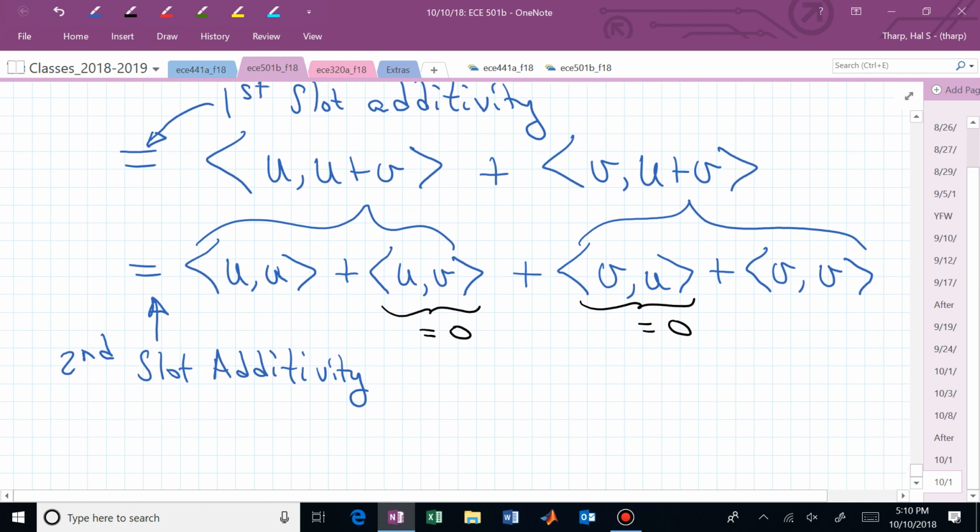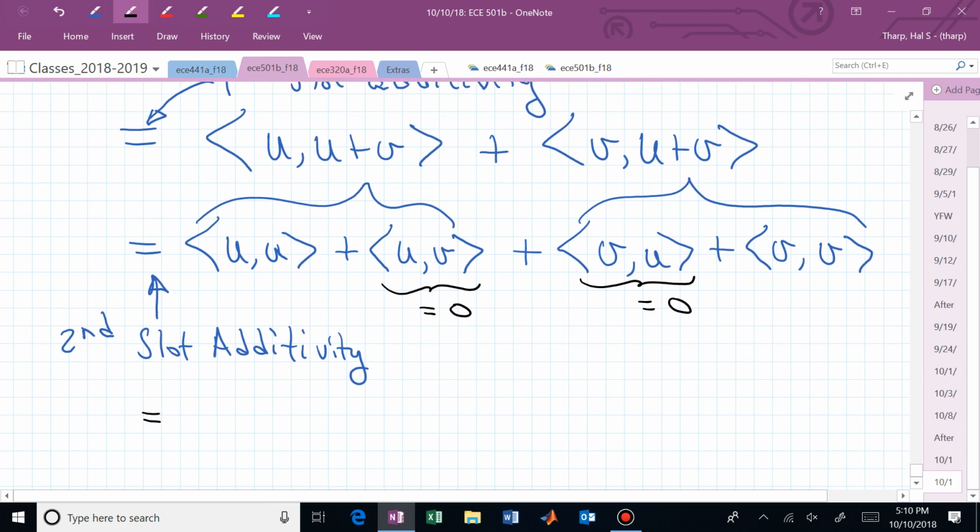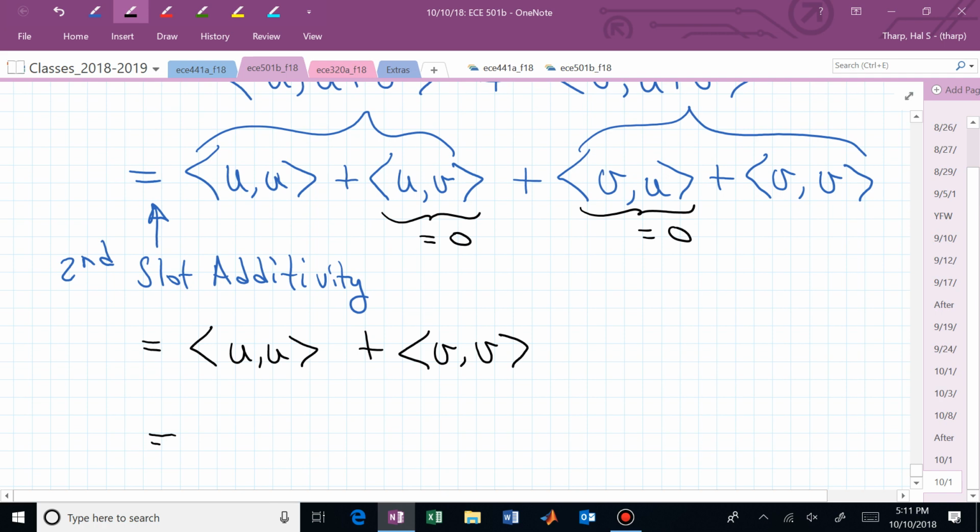And I'm left with the inner product of u with itself plus the inner product of v with itself, but that's just the norm of u squared plus the norm of v squared. And that is another way of validating the Pythagorean theorem.